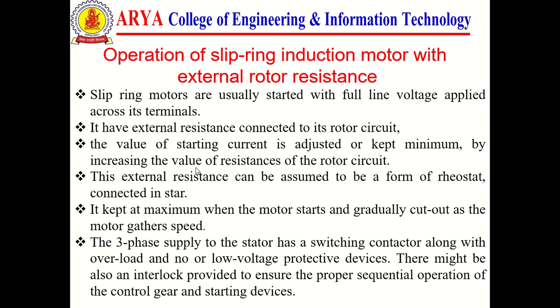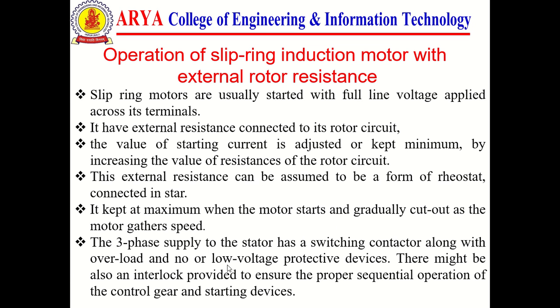This external resistance can be assumed to be a rheostat connected in star form. It is kept at maximum when the motor starts and gradually cut out as the motor gathers speed, that is, when the motor gets rated speed.